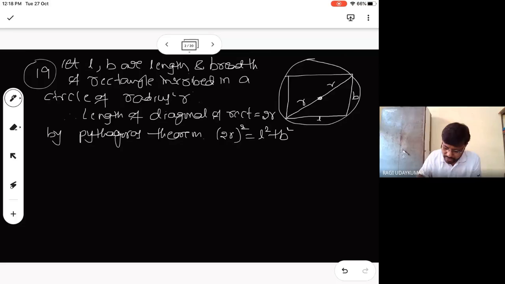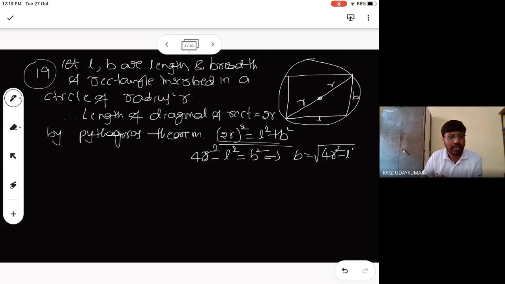So you can write it as 4r square minus L square is equal to B square. So B is equal to under root of 4r square minus L square. Here, B is converted in terms of L.